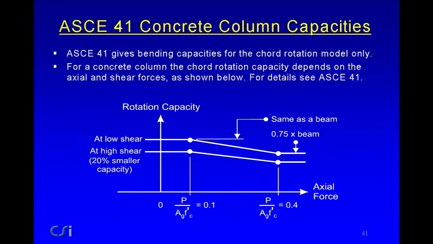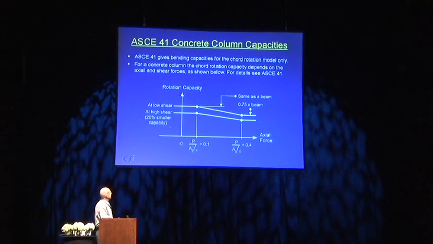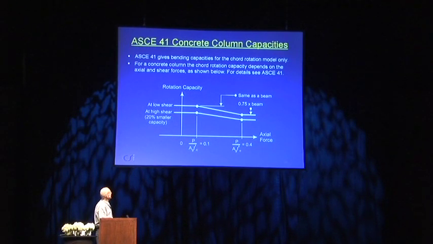ASCE 41, concrete column capacity, gives bending capacity for the chord rotation model only. And the way in which the rotation capacity varies is roughly shown in this diagram. This is the rotation capacity, and this is axial force. If you have low shear, then at zero force, this is the rotation capacity, and for a high shear force, it's 20% smaller.